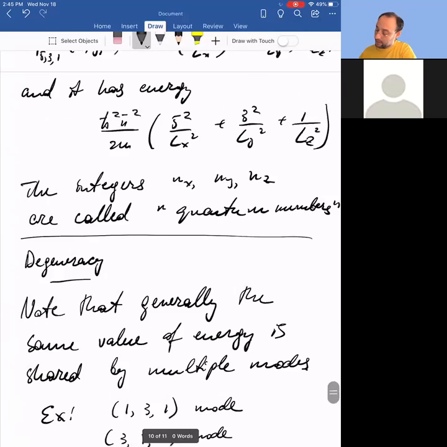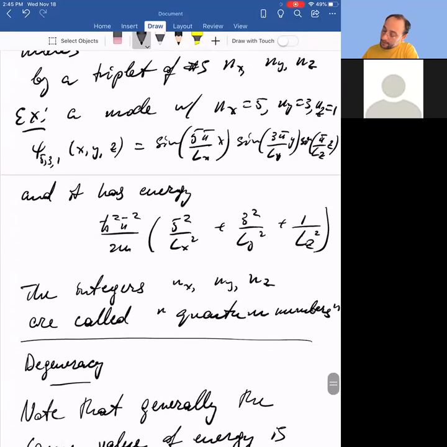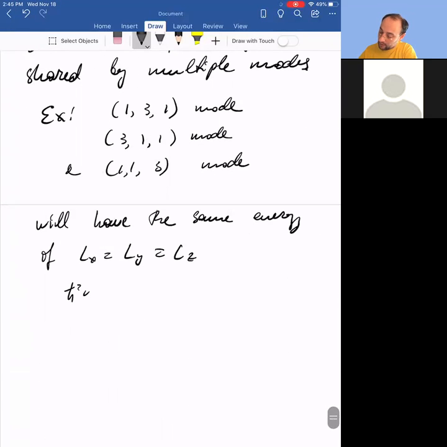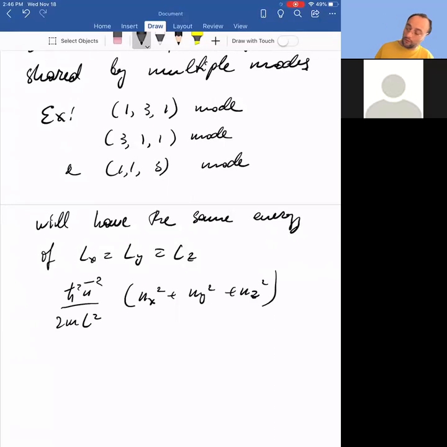So if you look at the energy equation, if all the L's are the same, then you have h bar squared pi squared over 2m L squared, times nx squared plus ny squared plus nz squared, and you get the same number for the 1, 3, 1 solution, or the 3, 1, 1 solution, or the 1, 1, 3 solution.